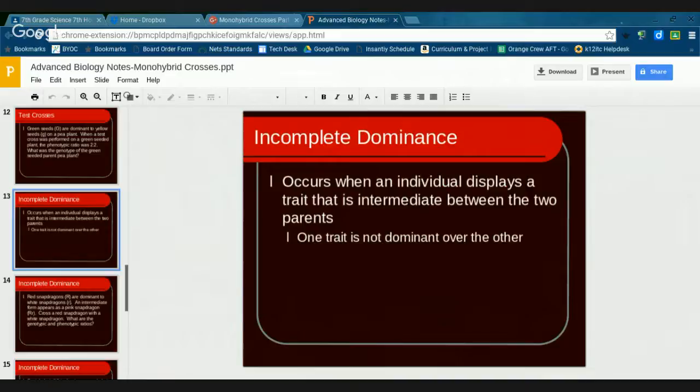So what incomplete dominance means is that no trait is dominant over the other. That'll be important in a little while because there'll be one where you've got both traits being dominant. So in incomplete dominance, neither allele or neither trait is dominant. They don't share dominance.